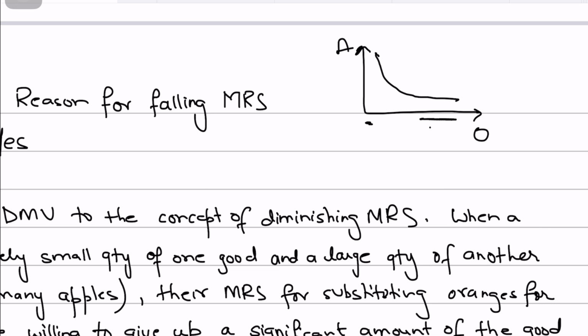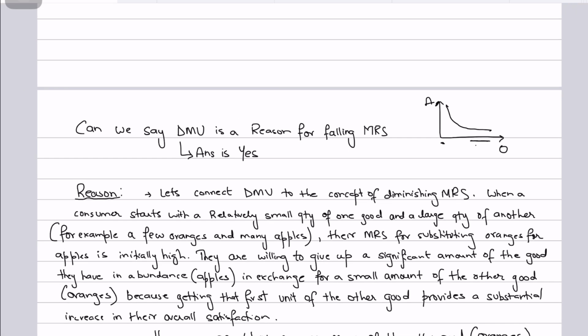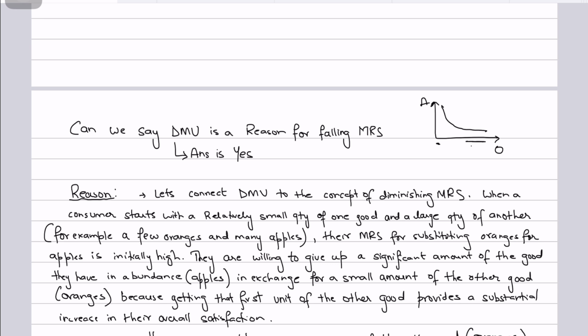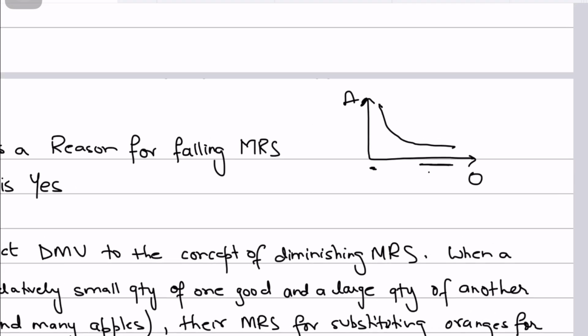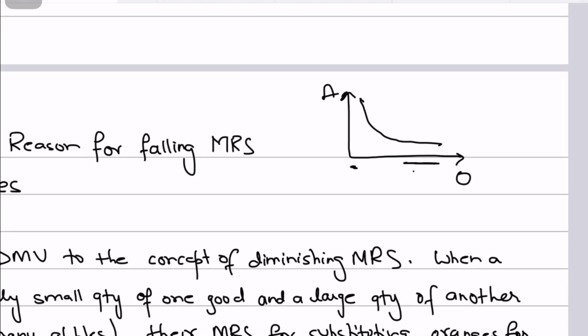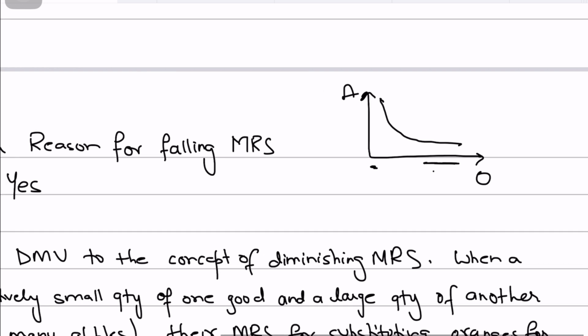So for each additional orange now, since the marginal utility of an incremental orange is low, you don't really want to give up a huge amount of good Y, that is apples, for it. So we can now say that as a consumer consumes more of good X, the additional X being oranges here, the additional satisfaction or utility that they derive from each unit of good X decreases.